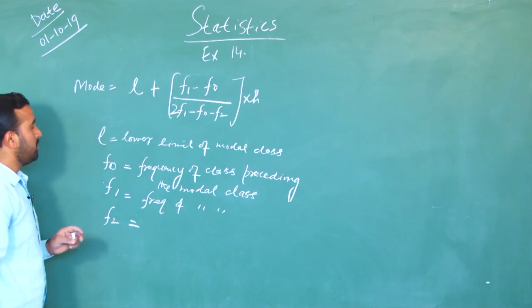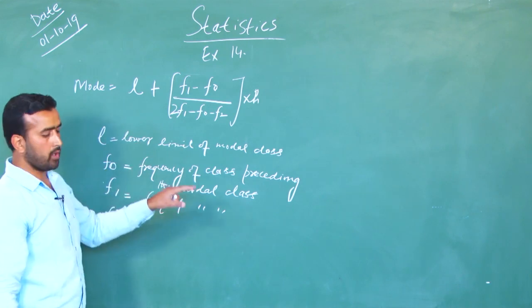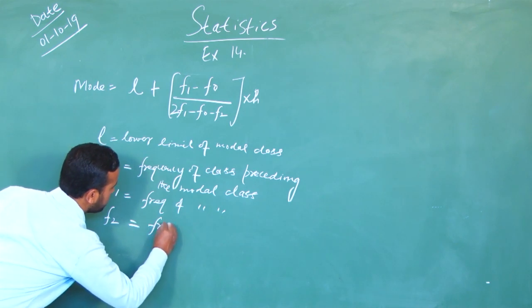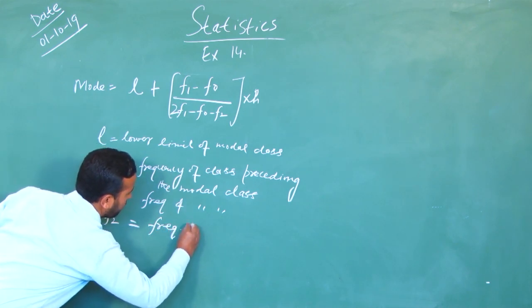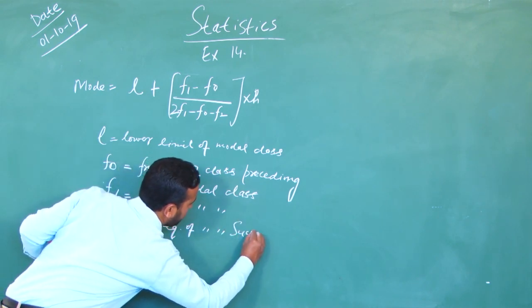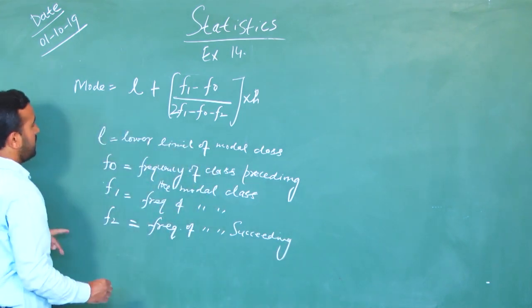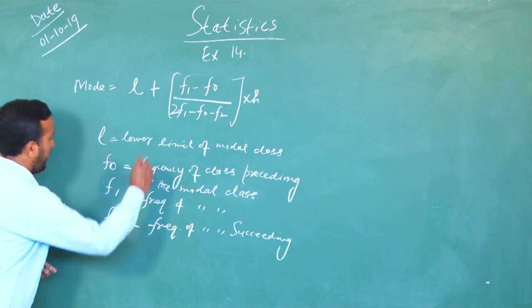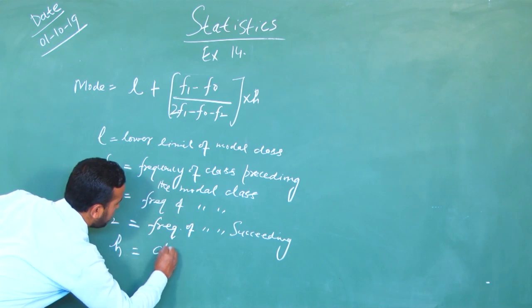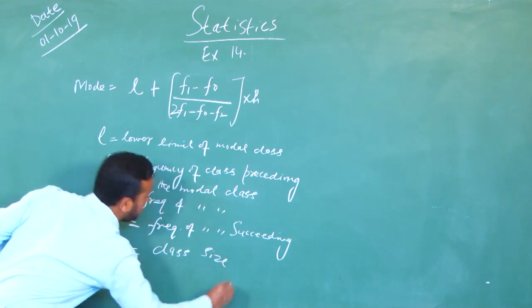Likewise, as F0 was the frequency of the class preceding the modal class, F2 stands for the frequency of the class succeeding the modal class, which comes after the modal class. Then we have H. H, as we know, is the class size, that is the size of the classes of the given data values.